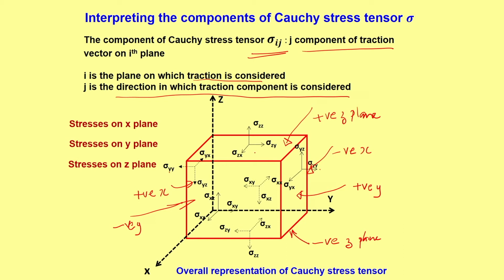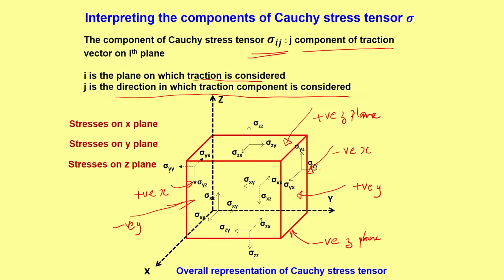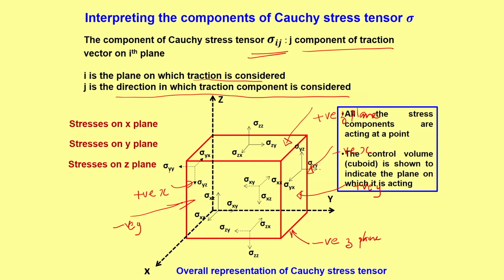Similarly, here also you have sigma zz, sigma zx and sigma zy. So, these are the representation of the components of Cauchy stress on a given control volume.